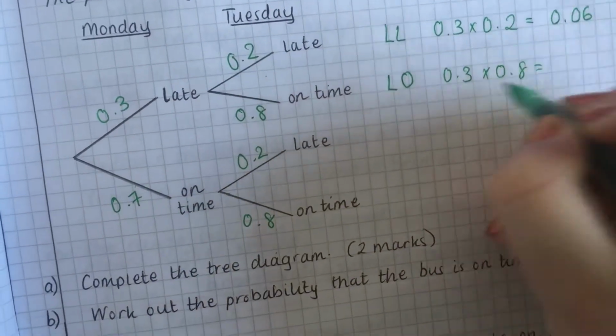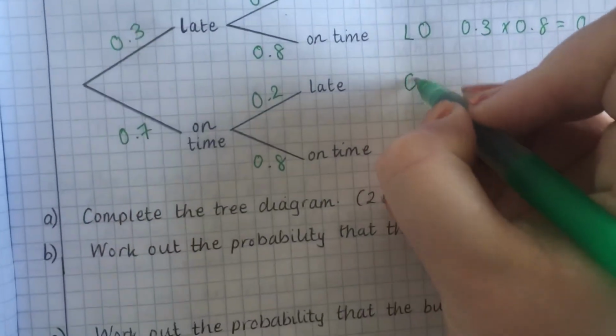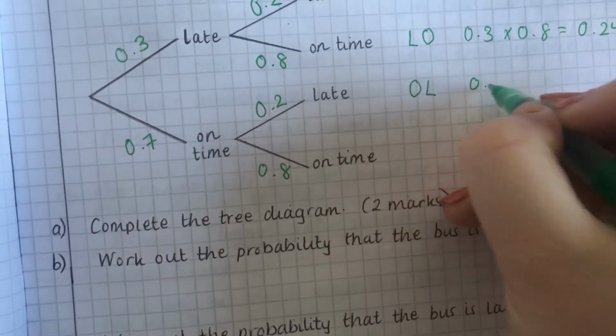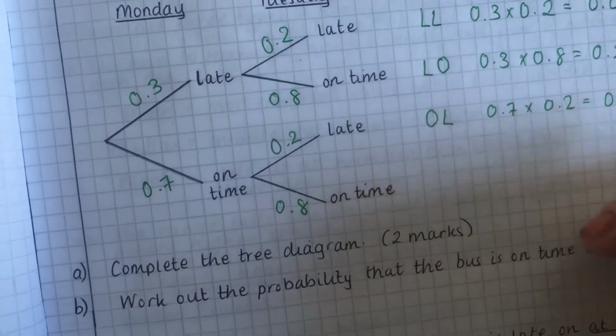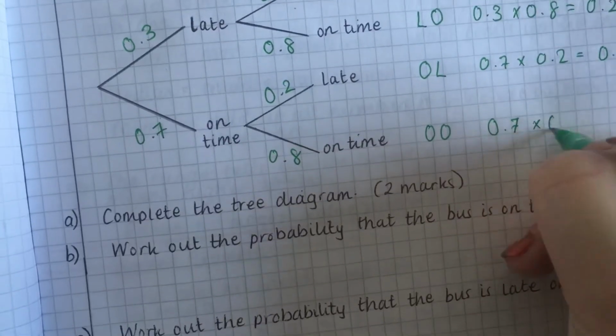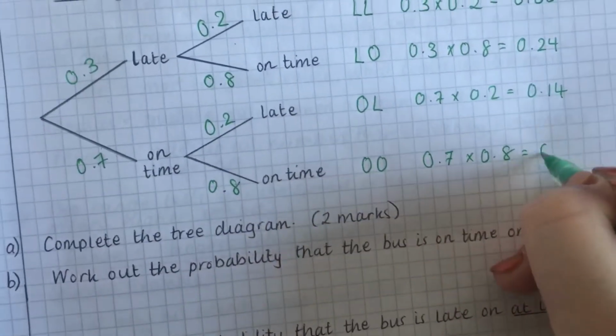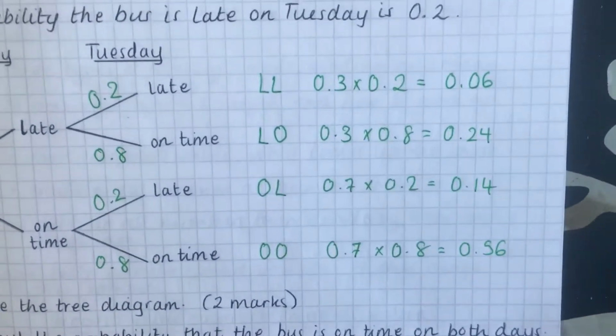So 8 times 3 is 24, so it's going to be 0.24. And then we've got on time and then late, which is 0.7 times 0.2, which gives you 0.14. And then we've got on time and on time, which is 0.7 times 0.8, which is 0.56. So those are all of your possible combinations.